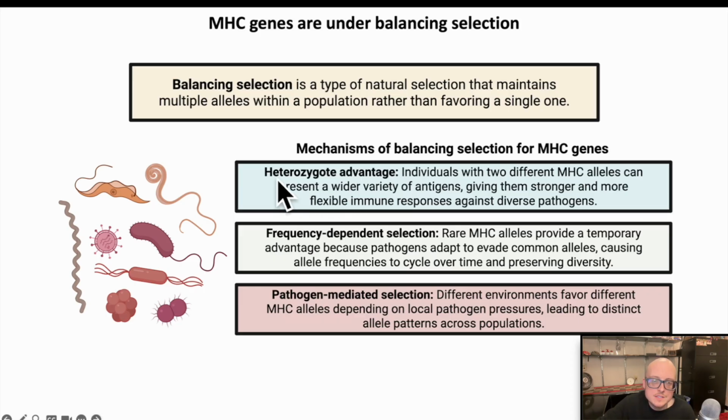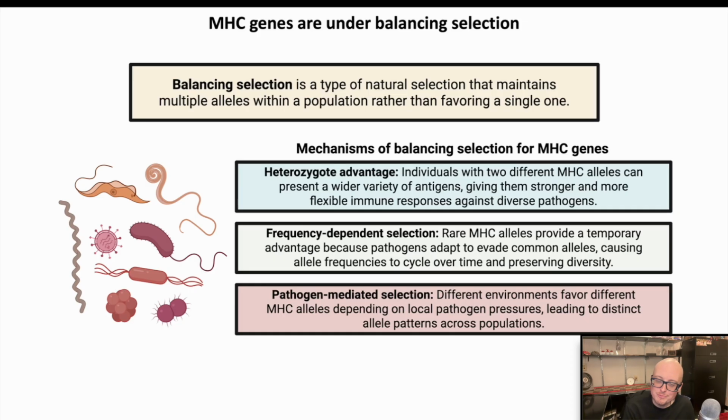One is that balancing selection is associated with the idea of heterozygote advantage, which I was explaining on the last slide, which is to say that individuals with two different MHC alleles for any given gene will have an advantage because of codominant expression. They are going to be able to present a wider variety of antigens, which of course is going to give an evolutionarily adaptive benefit. They'll be more protected from infection compared to a homozygous counterpart.